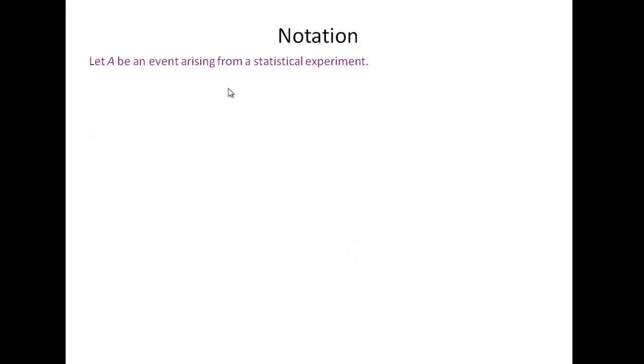If we let A be an event arising from a statistical experiment, this is the notation we use for the probability that A occurs: P, and then in brackets A. We usually use uppercase.